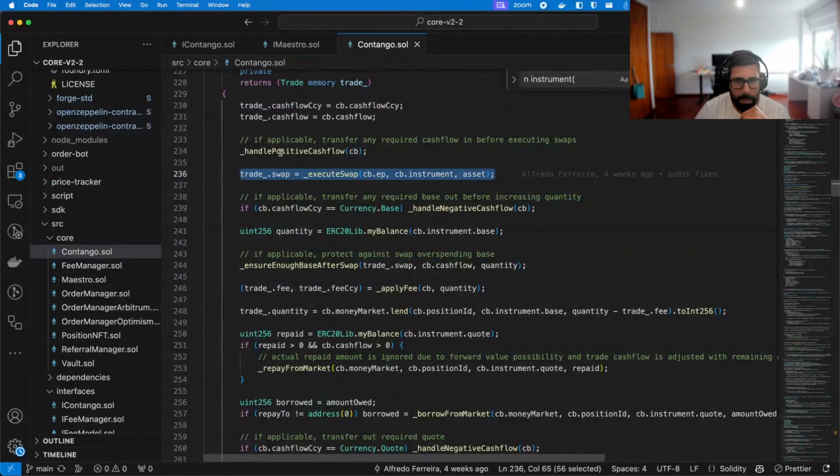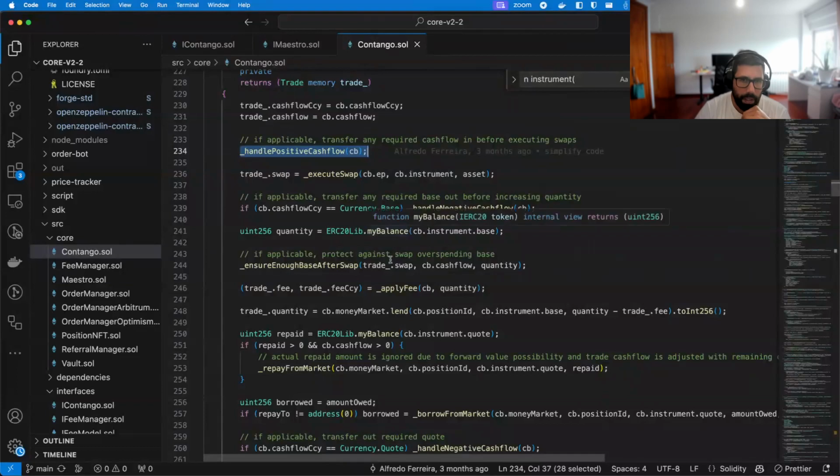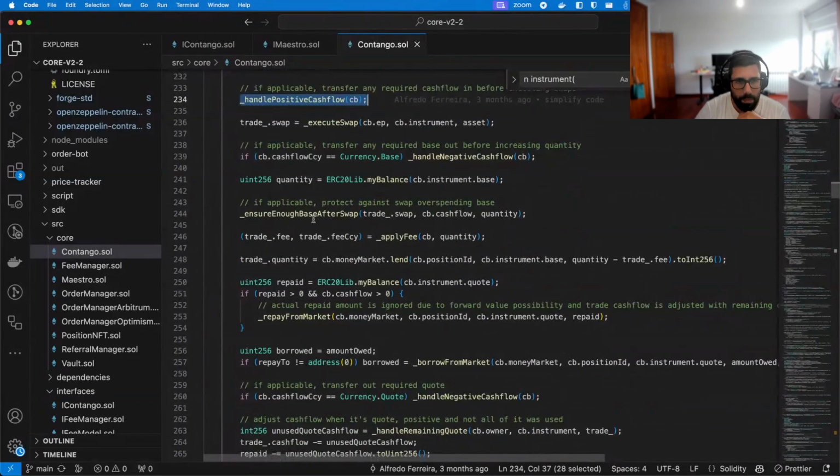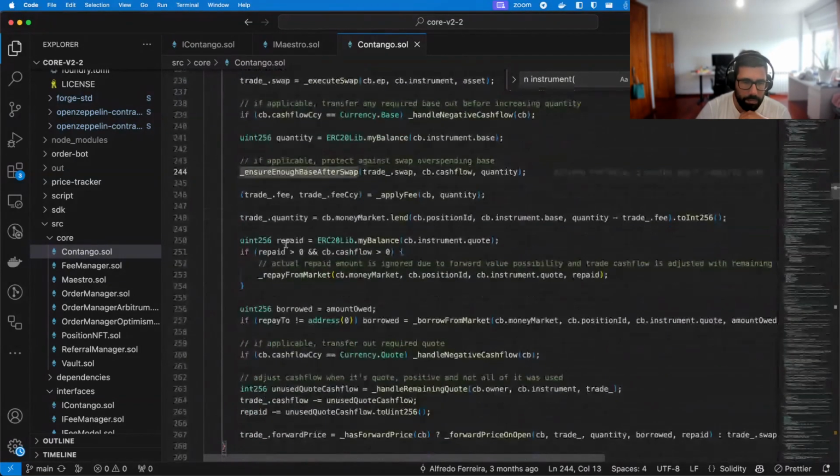It goes and swaps. It would take money from the user first, and then it will do some checks, and then it will effectively get the money from the flash loan, buy the collateral asset, send it to Aave, and then borrow whatever we need to pay back the swap.